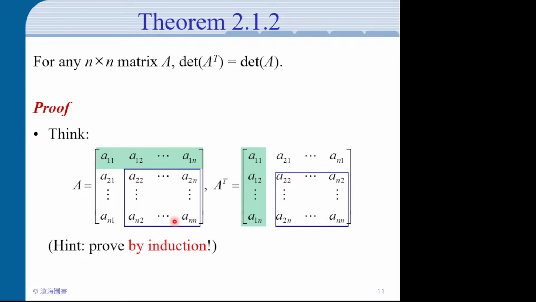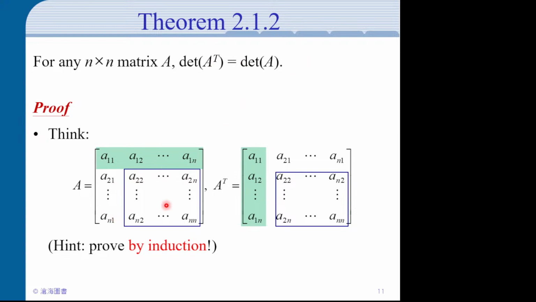So if the determinant of this (n-1) by (n-1) matrix is the same as the determinant of its transpose, then we see the determinant of the n by n matrix is the same as the determinant of its transpose. So you can go from n equal to 1 to n, to whatever. Obviously the determinant of a 1 by 1 matrix is the same when you do transpose, because the transpose of a 1 by 1 matrix doesn't do anything.